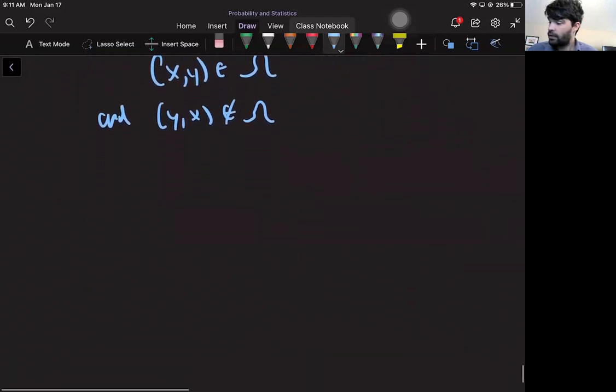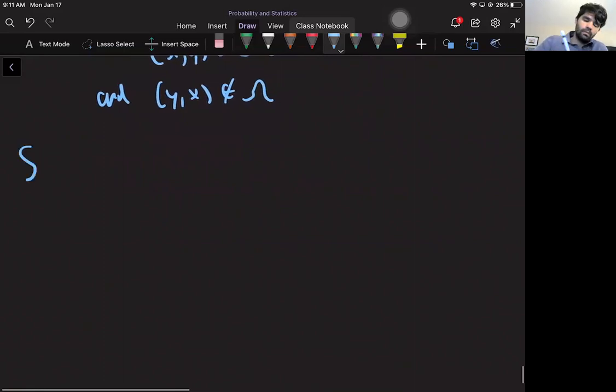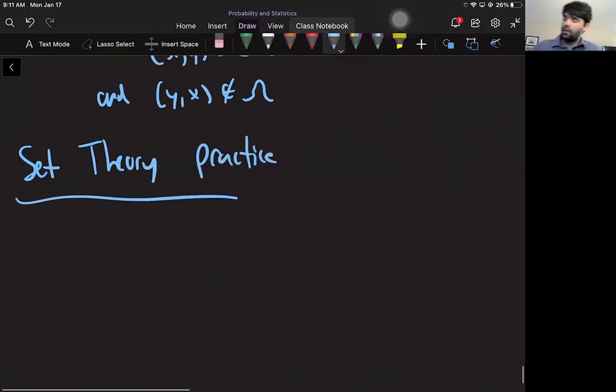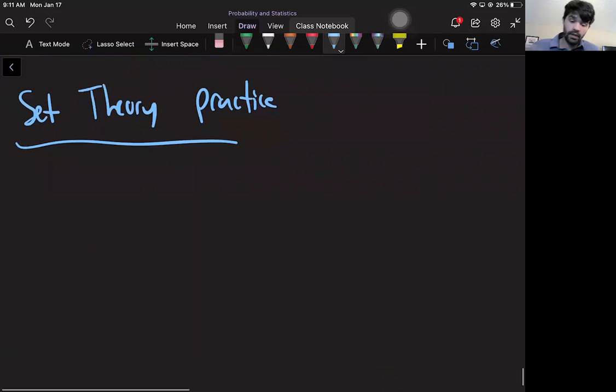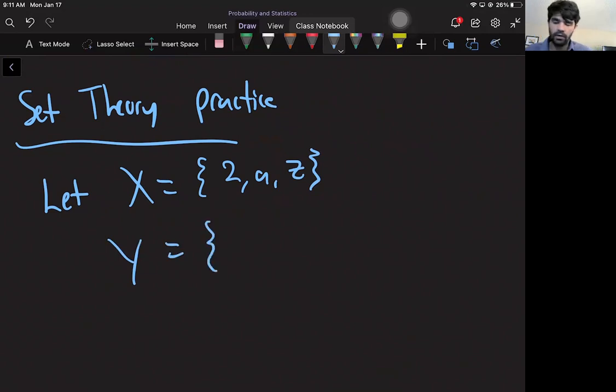So the last thing I want to do is just a little bit of set theory practice. And then next time we'll talk about probability. So let's just think about some sets. So let's have a set called X. It'll have 2, A, and Z in it. And let's have a set called Y, which will have weirder stuff in it.